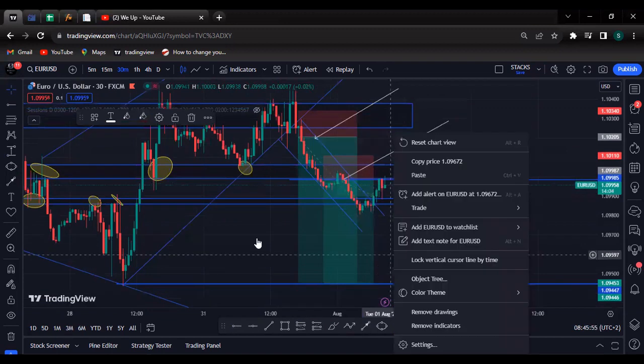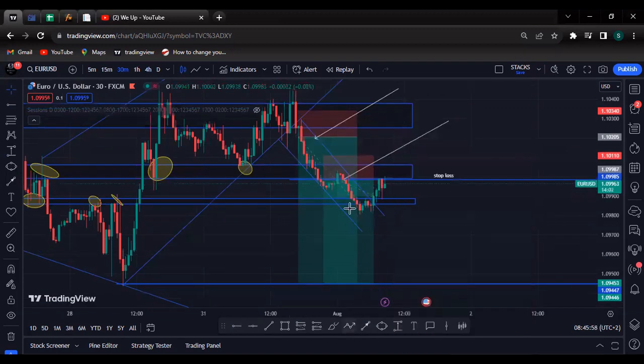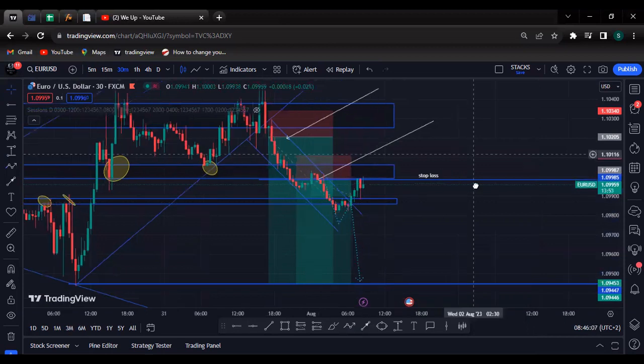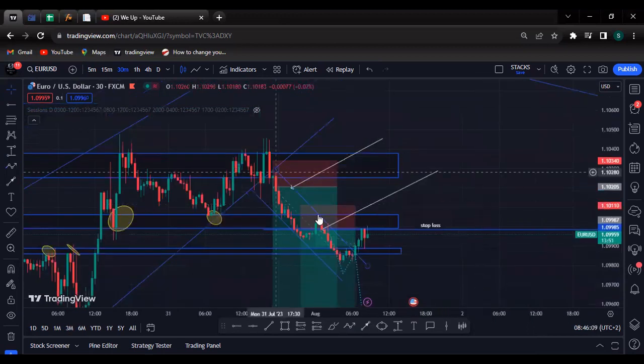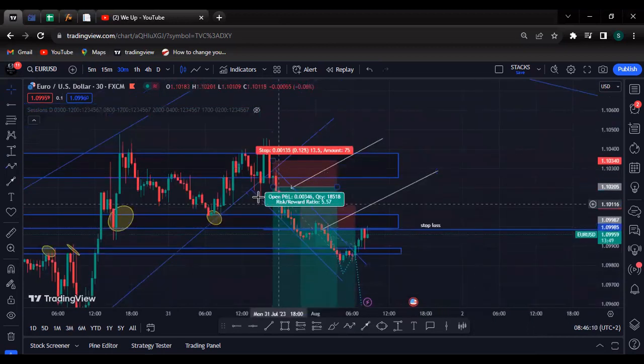I was expecting price to push down, retest here, and then continue to the downside. But then what had happened was that I spotted this downtrend channel over here, as you can see.